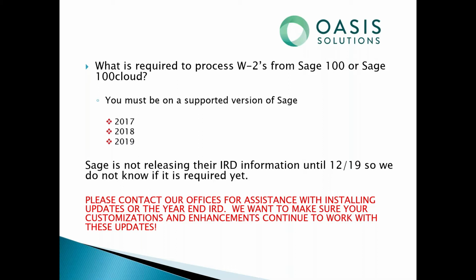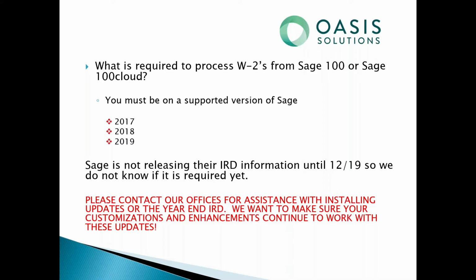Because if you have third-party add-ons that integrate with your payroll module, or if you have customizations related to your payroll module, installing that interim download could possibly overwrite custom modifications or somehow overwrite or disable a third-party product that you may have. So before anything is installed, we would want to take a look at what you have on your system.